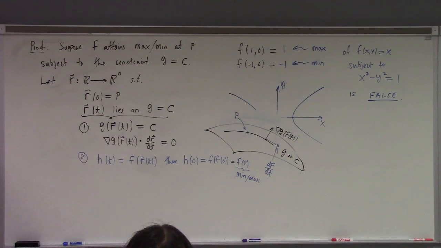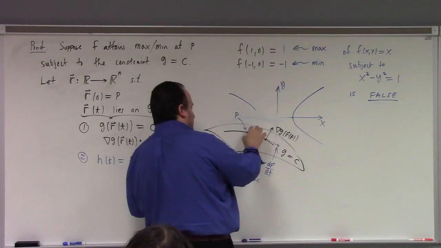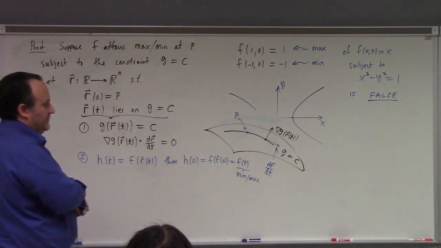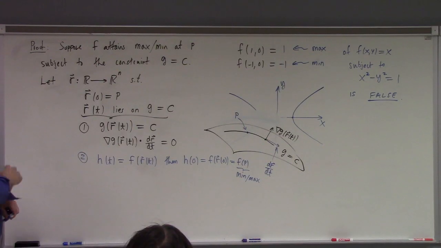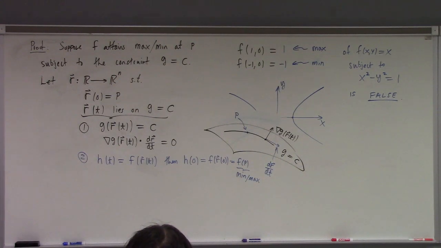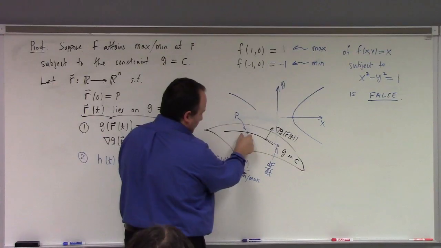If you think about all possible points close to that given point, and that point is a maximum or a minimum for f over all of them, then in particular it's a maximum or minimum subject to just the points right there.